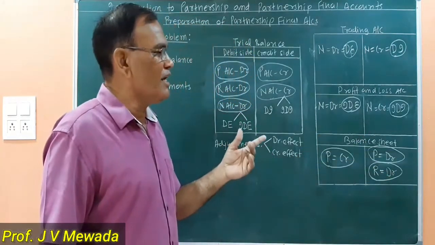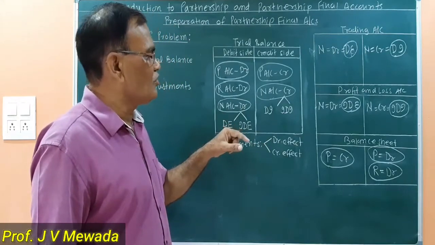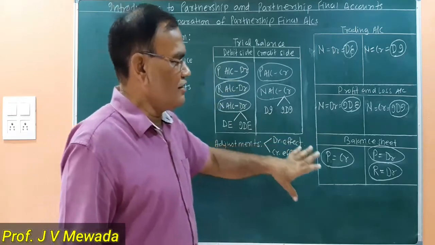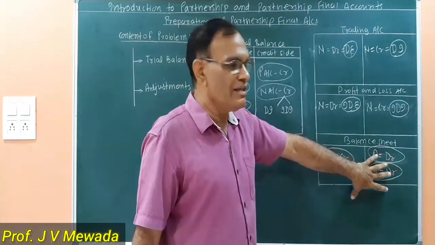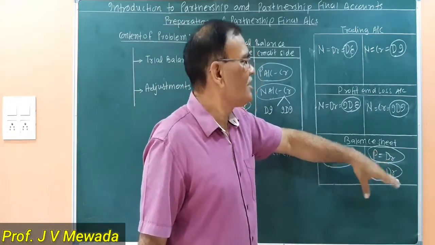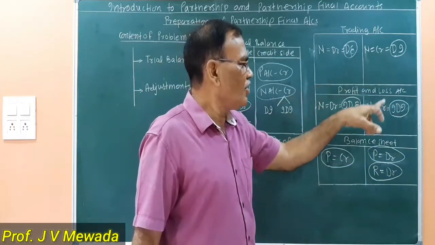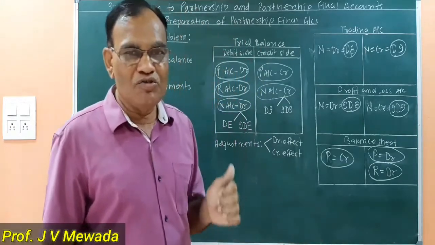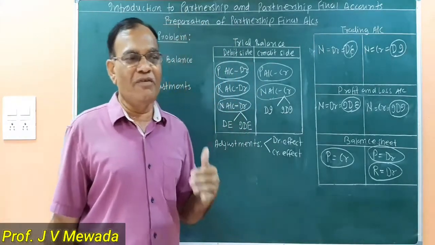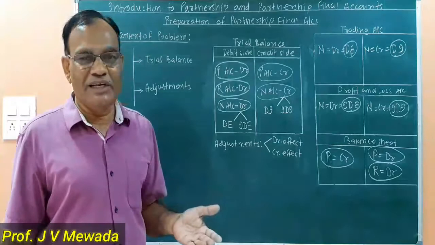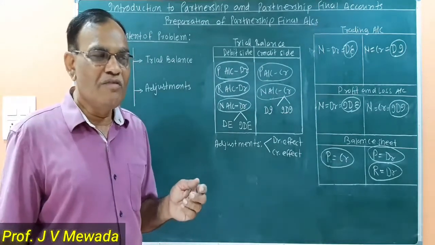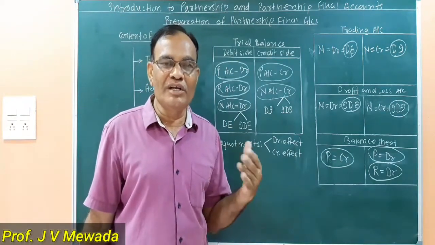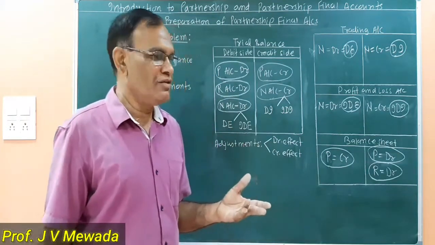And at the same time, we are also coming to the conclusion that all the personal accounts and real accounts only appear in the balance sheet and they do not have their place either in the trading account or in the profit and loss account. So this type of classification is also useful to the students. Whenever any new item appears in the trial balance, you can make out whether it is a personal account, a real account or nominal account, and accordingly you can take the decision. Okay.